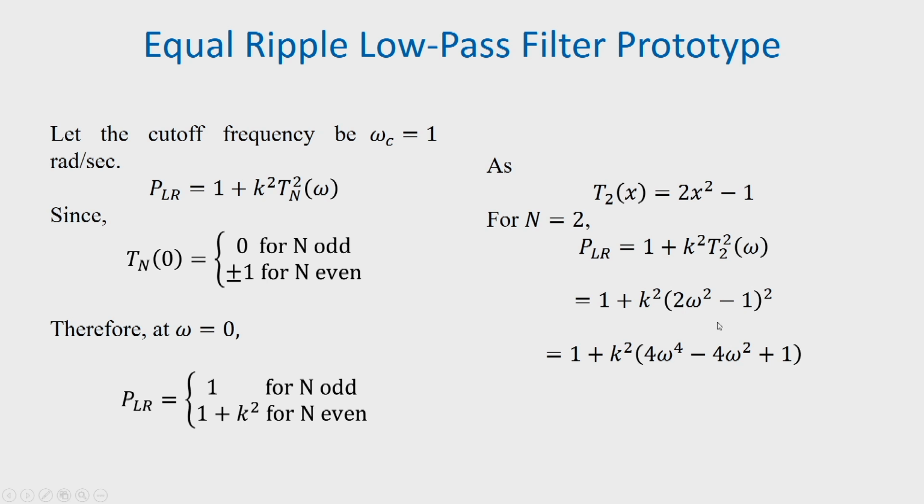When expanded, this will become 1 plus k square 4 omega to the power 4 minus 4 omega square plus 1.